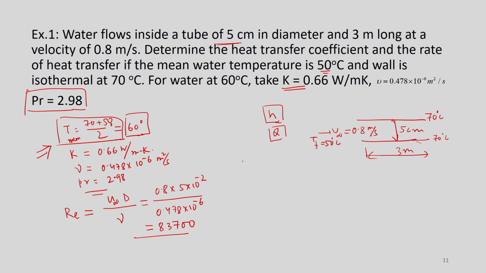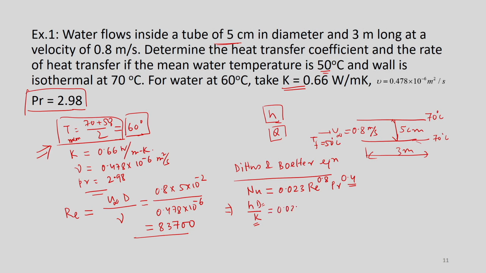So, we can use this expression or correlation, as I said, the Dittus-Boelter equation. Nusselt number is equal to 0.023 times Reynolds number to the power of 0.8, times Prandtl number to the power of 0.4. The conditions we described before apply here, and this Nusselt number is nothing but h d by k. h is the heat transfer coefficient, d is the diameter of the tube, and k is the thermal conductivity.